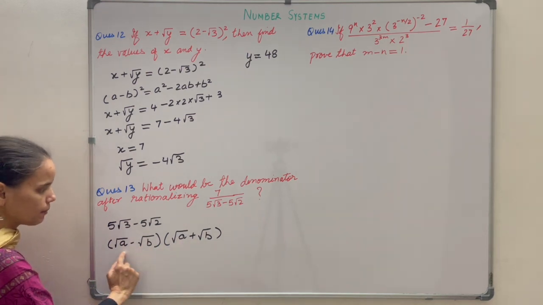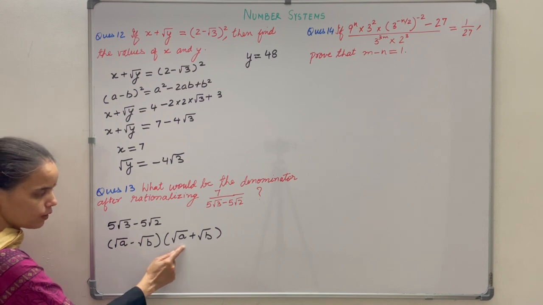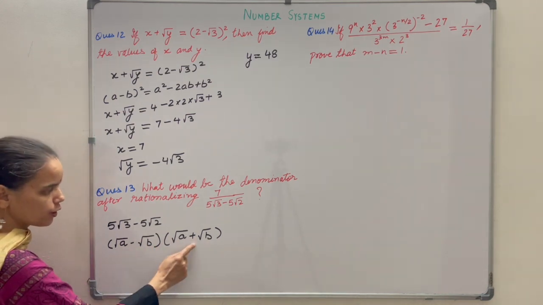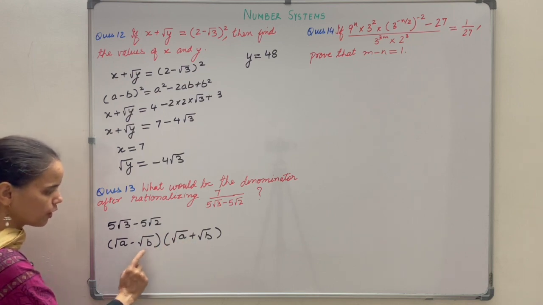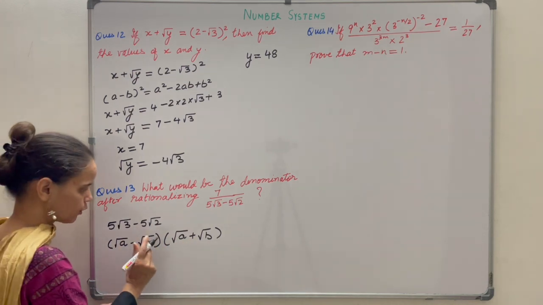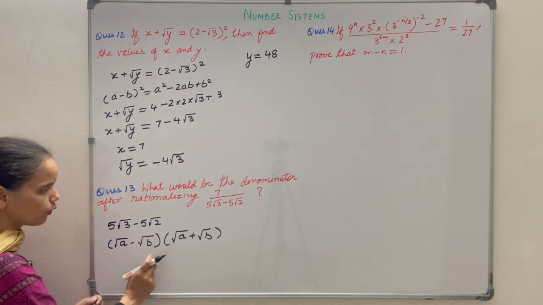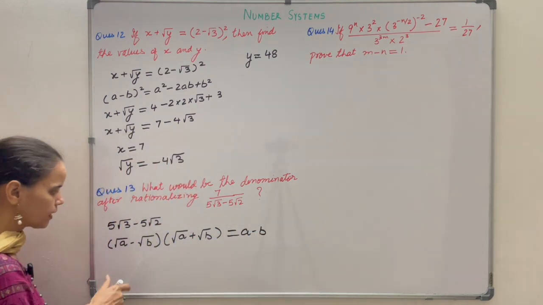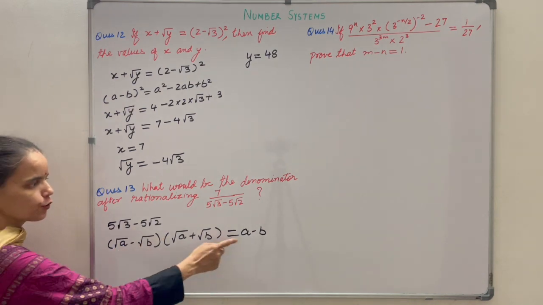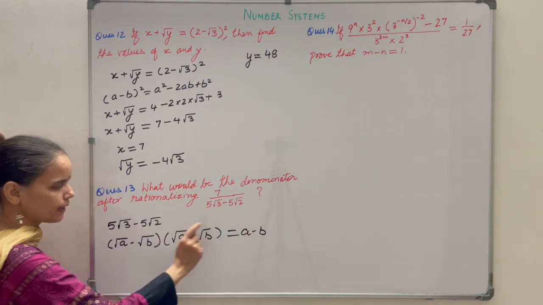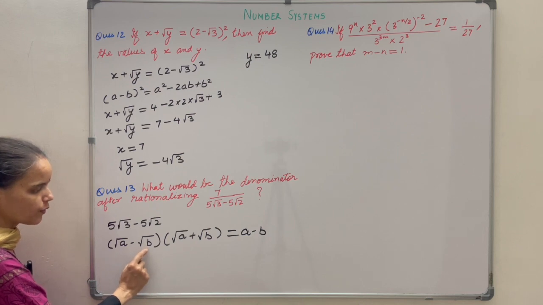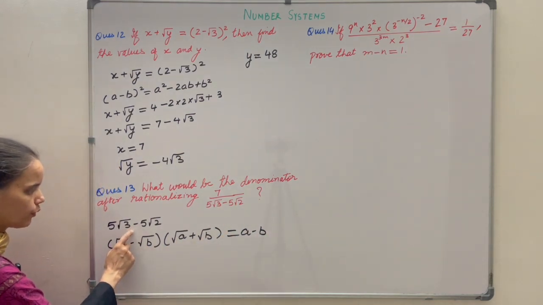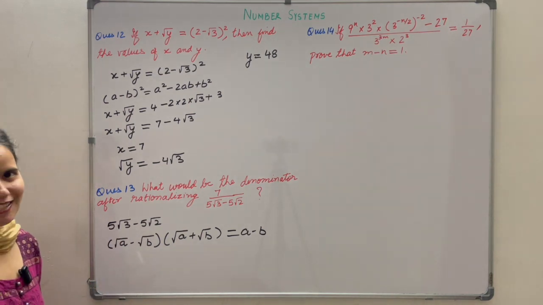Here it is root a, here also it is root a. Here it is root b, here it is root b. Minus changes to plus. So this is the conjugate of this number. So when you multiply this, what will you get? a minus b. You take the square of root a, so you get a, and we write down minus sign, and then we take the square of root b and we get b. Same thing we will do for this one and we will rationalize it.